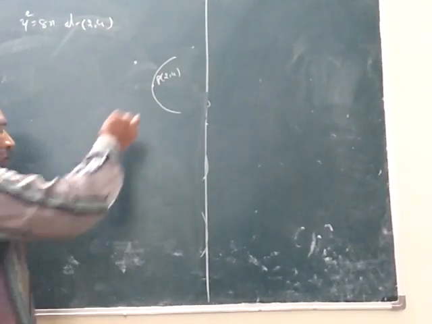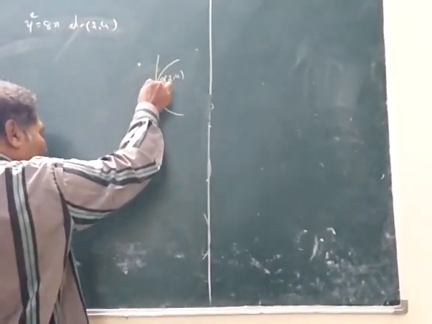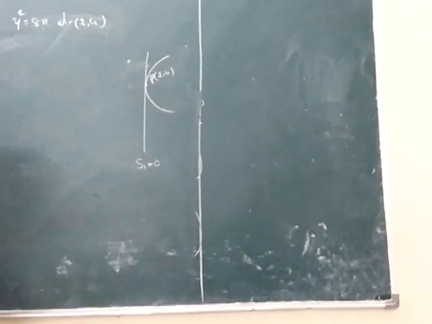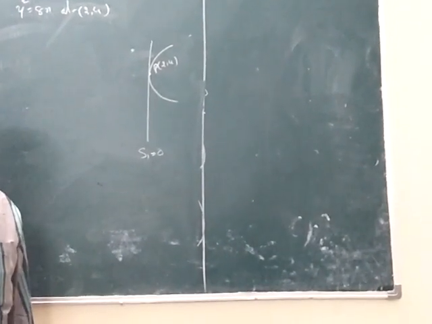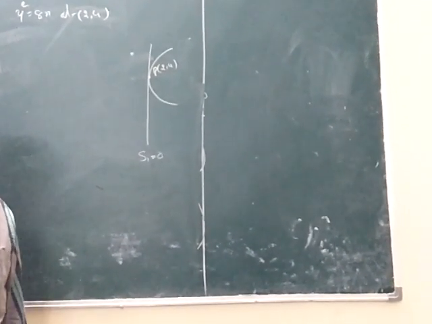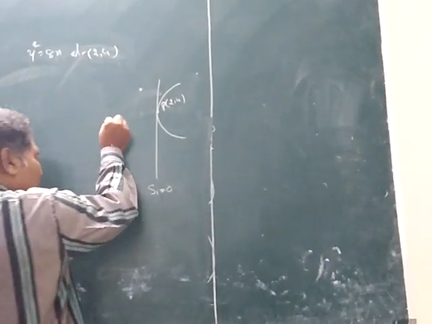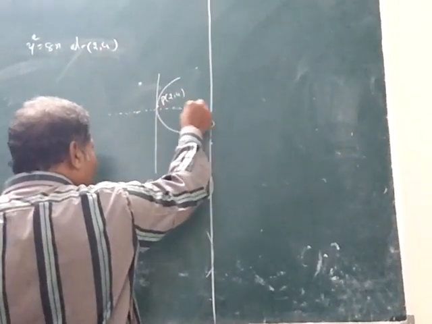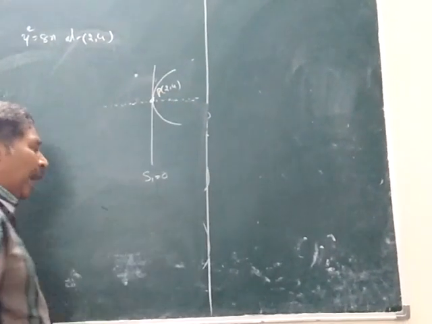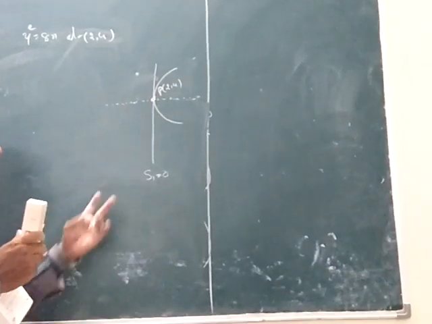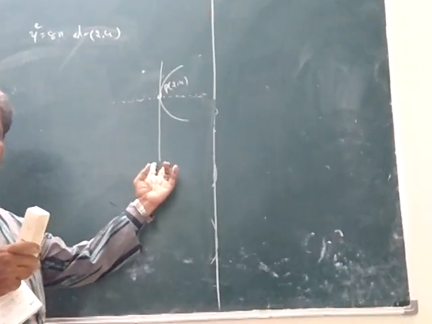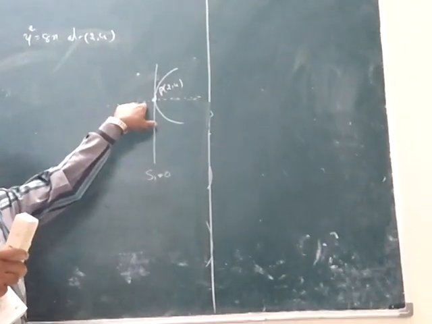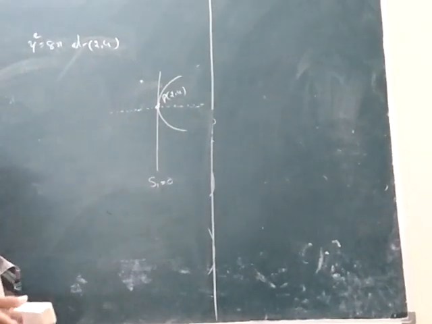Listen, equation of the tangent is S1 equal 0. Normal is always perpendicular to the tangent at the point of contact. So first we calculate the tangent equation, after that we calculate the normal equation. Write down.